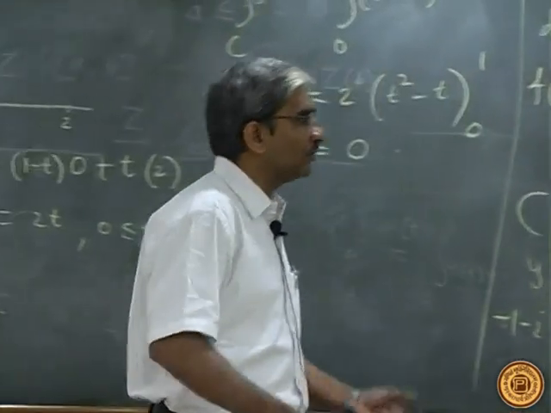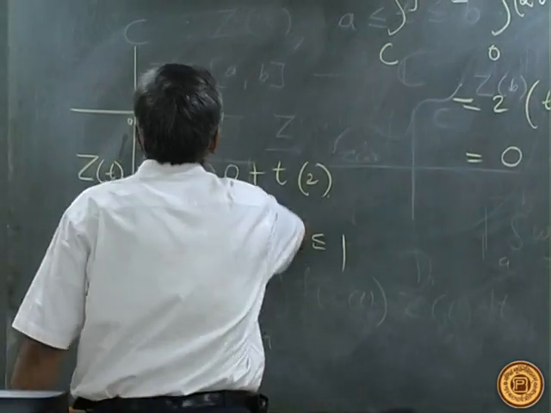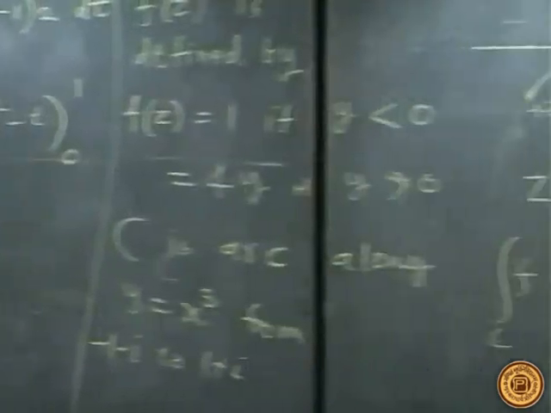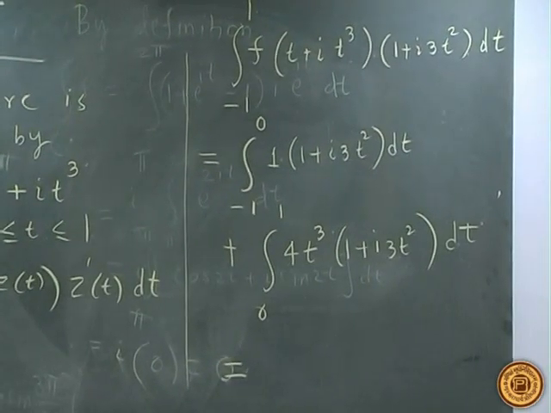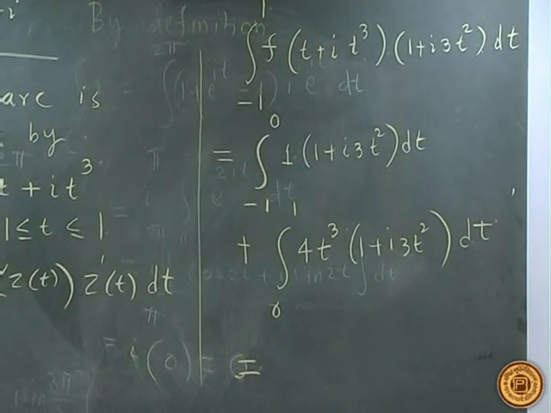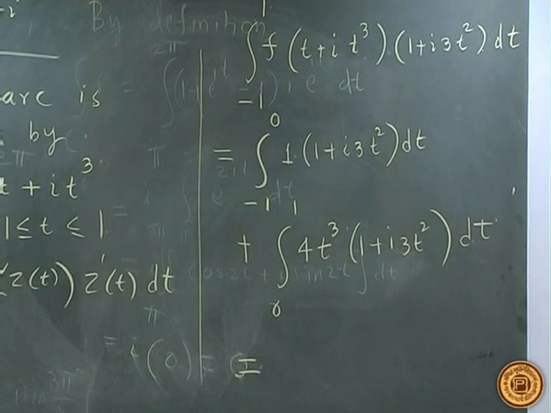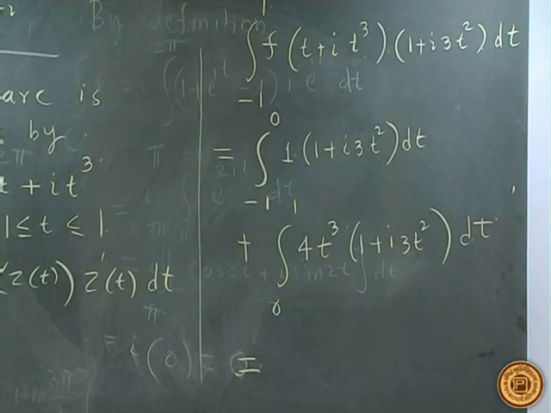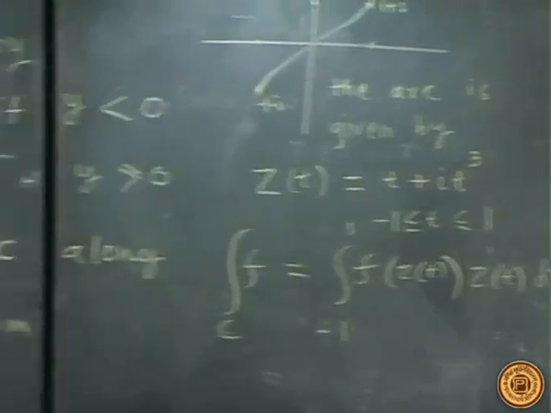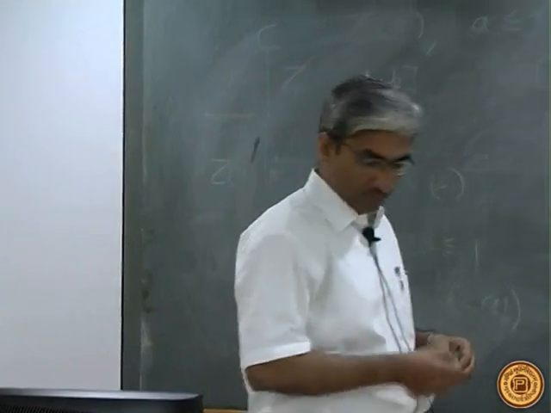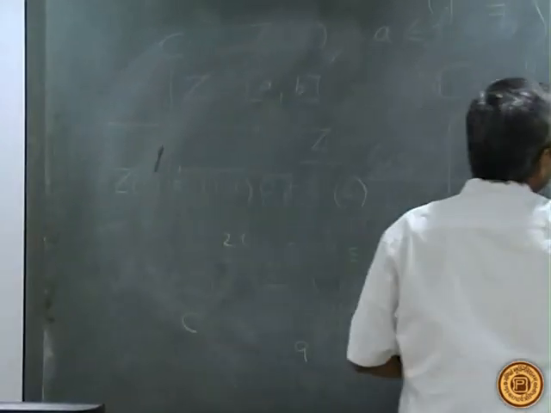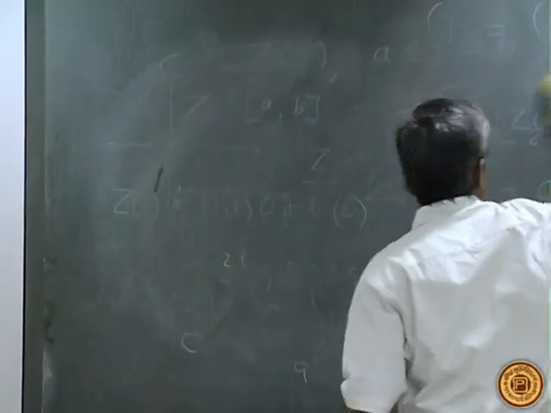Now we have defined the contour integral, so basic elementary properties once and for all we should list out. That is what I have done in this theorem which is in front of you. The first statement you read, that is the value of the integral of f(z) dz is invariant under reparameterization of C. This is an important point. So let us see what this means first of all, and then see the proof.